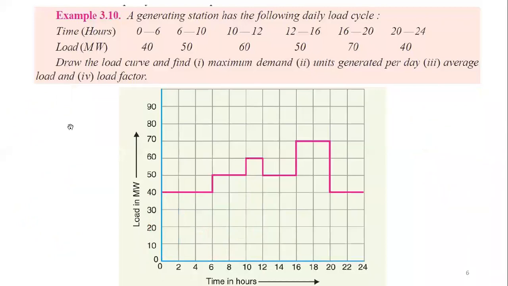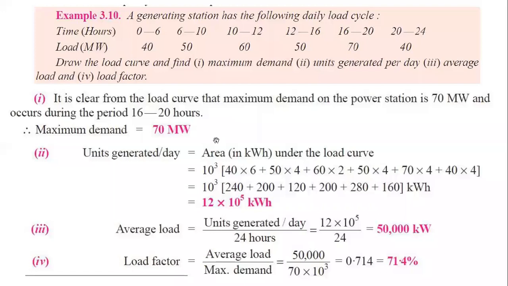Let's go back to the second slide. As you can see, I have already told you that the maximum demand will be 70 megawatt. The units generated per day will be the area under the load curve.